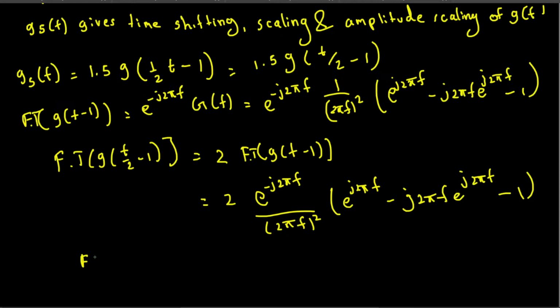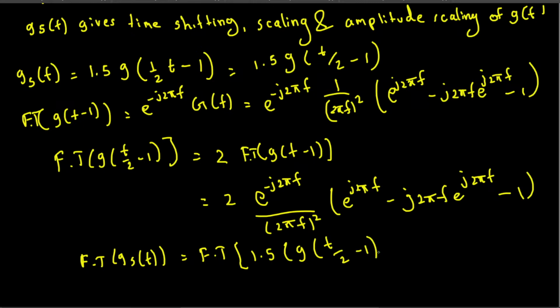So the Fourier transform of f of t is going to be equal to the Fourier transform, multiplying whatever we got by 1.5: 1.5 times g of t/2 minus 1.